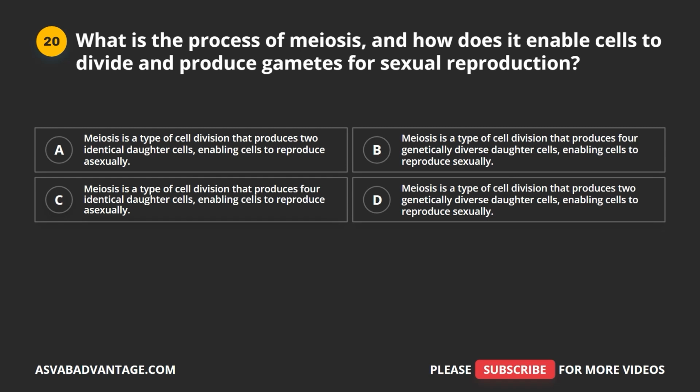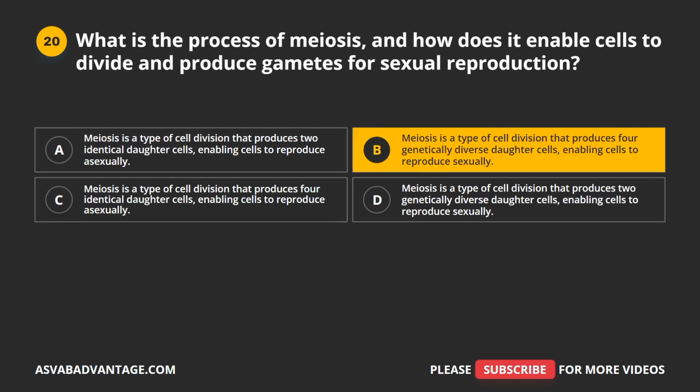C. Meiosis is a type of cell division that produces four identical daughter cells, enabling cells to reproduce asexually. D. Meiosis is a type of cell division that produces two genetically diverse daughter cells, enabling cells to reproduce sexually. The correct answer is B.